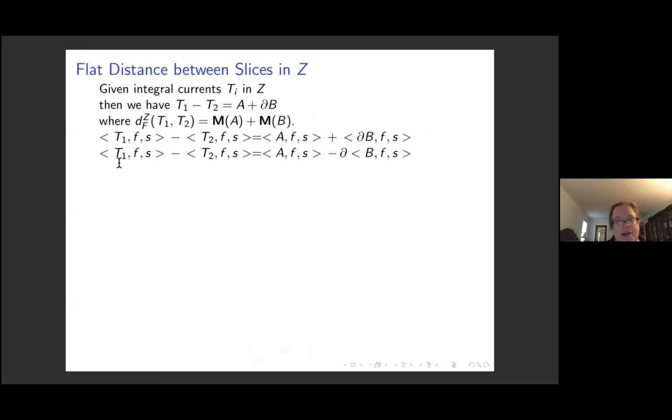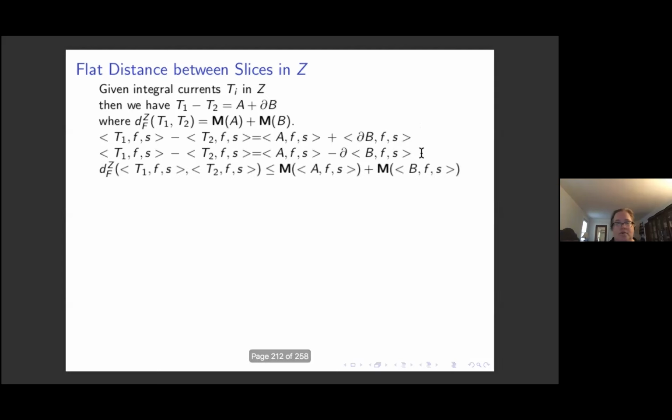Now let's write what that means. The first one still has its own slice, the second one has its own slice, and A has its own slice. But remember, we figured out the boundary B sliced is negative the boundary of the slice of B. So we have to switch the sign here to match the rule for taking a boundary of a slice.